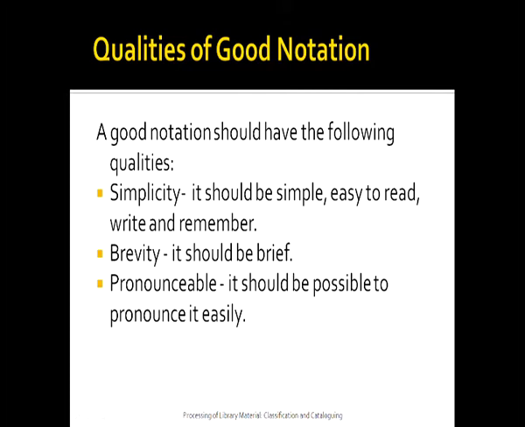Why simplicity? Because if it is simple, it will be very easy for anyone to read and follow, write and remember. Secondly, brevity. If it is brief, it will be easy to remember by the users. And if you can easily pronounce it, then again it will be very, very user friendly. So, these three qualities are really essential in any good notation.